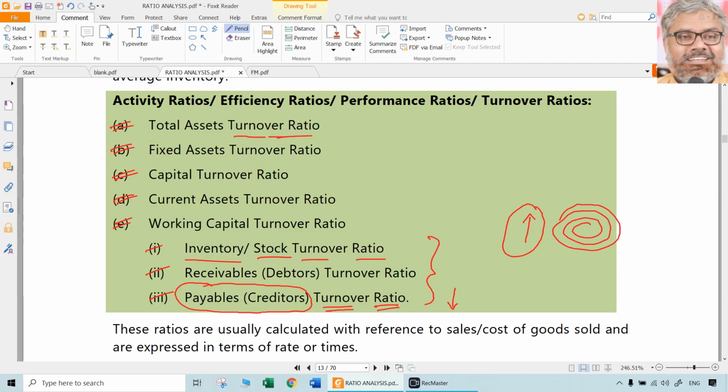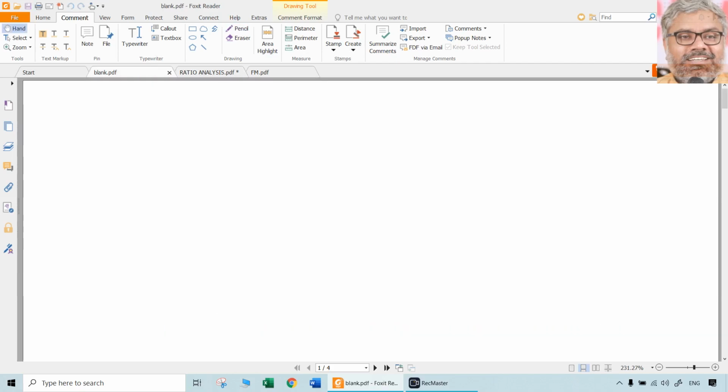So each type of business will have its own nature. According to the nature only, any of these ratios, not only turnover ratios, whether it is liquidity ratios or capital structure ratios, or for that matter any ratio, will have its own characteristics depending upon the nature of the business. So comparability has to be ideally among those organizations which are in the same field.